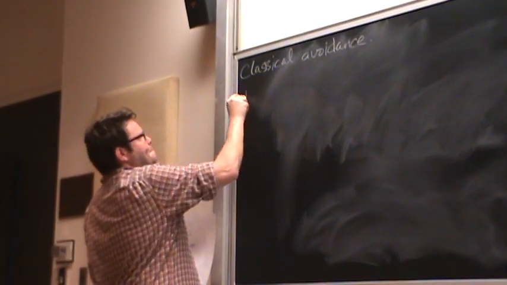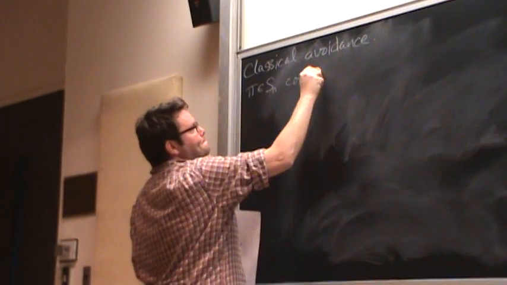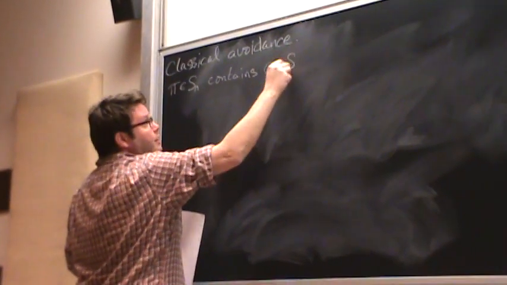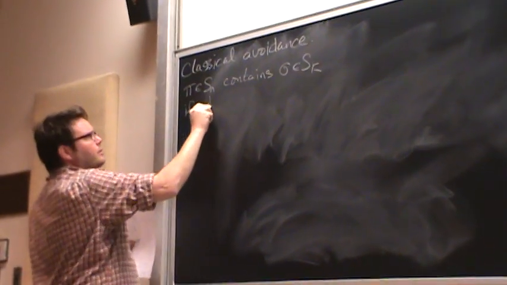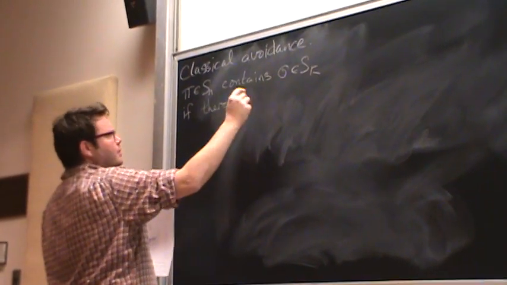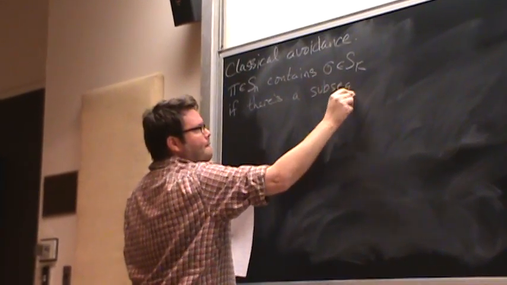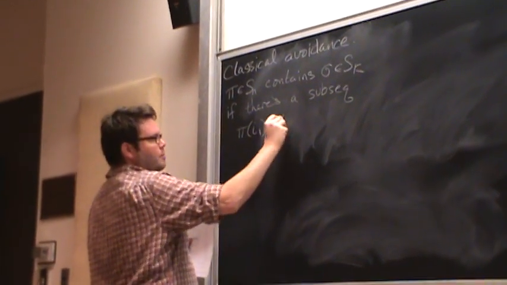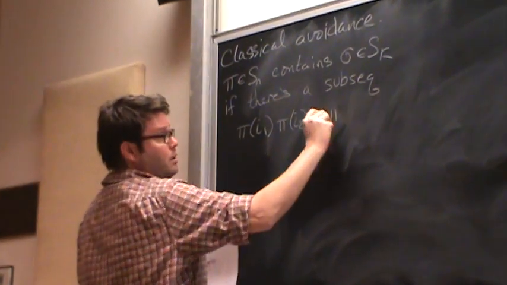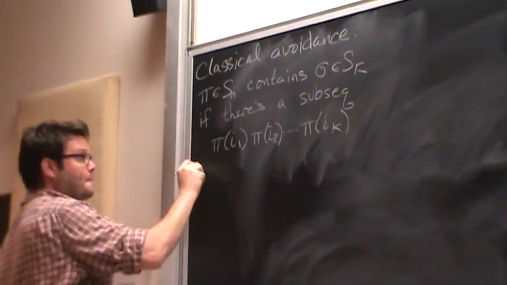Okay, so let's say pi, if it's in S_n, contains sigma in S_k if there's some sequence pi_{i1}, pi_{i2}, up to pi_{ik}, in the same relative order as sigma.